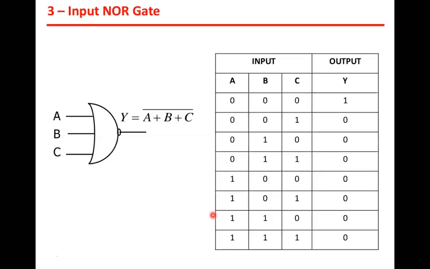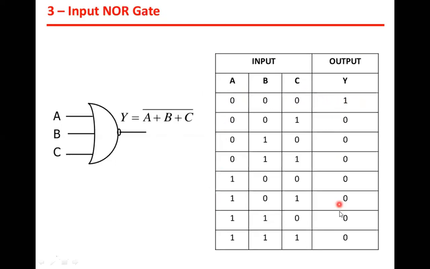This is how the three input NOR gate looks like, and this is its truth table. As we have three inputs, there are 8 combinations. For 0 0 0, the output will be 1, because the output is high only when all the inputs are low. Only in the first condition the output will be high.